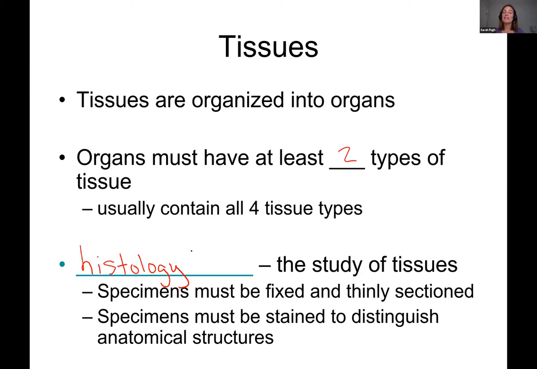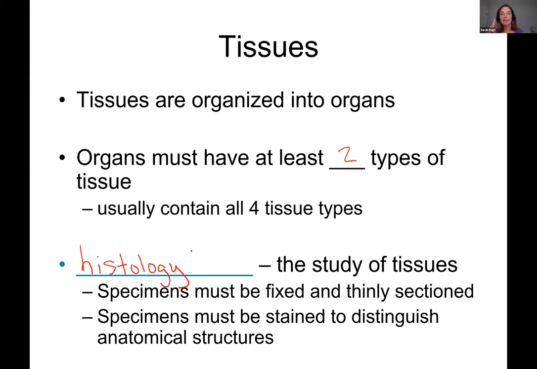And then they'll stain it so that certain structures pop a little bit better. So they'll stain it so you might be able to see the nuclei of the cells in that tissue a little bit better, or you might be able to see different kinds of fibers better. And then they mount it onto a slide. So they'll actually put it onto a slide, and glue a cover slip on top. And that's how we get a tissue slide, okay?